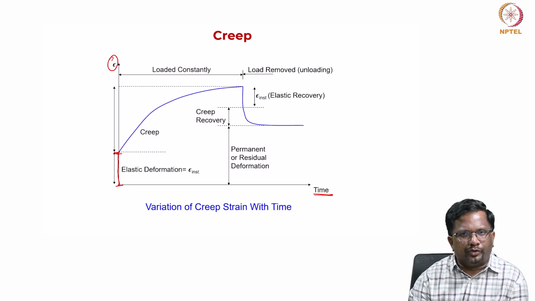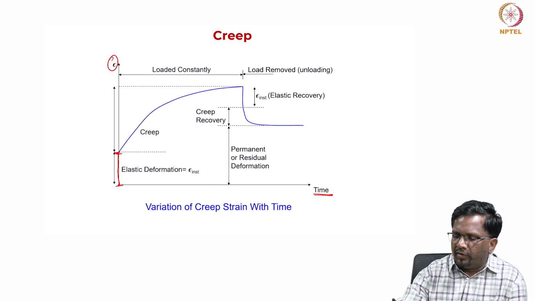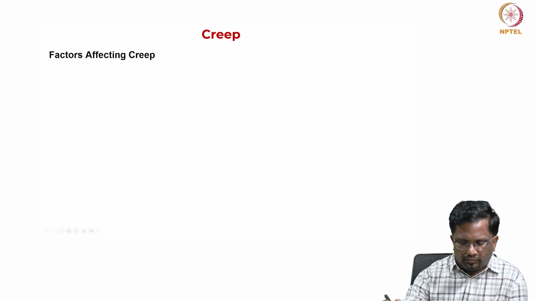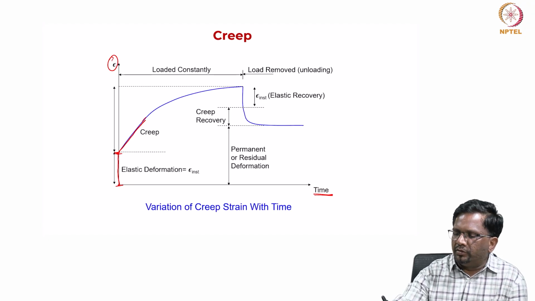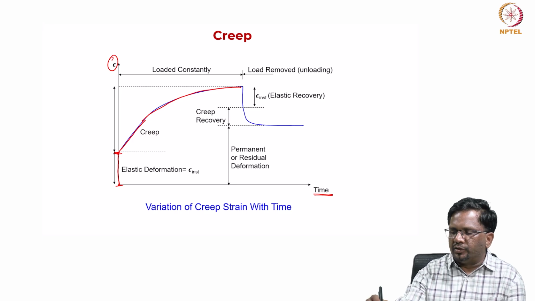That means strain also ideally should remain constant, but it will not remain constant. The strain will keep on increasing like this, that is what we try to plot here. And this is loaded constantly.